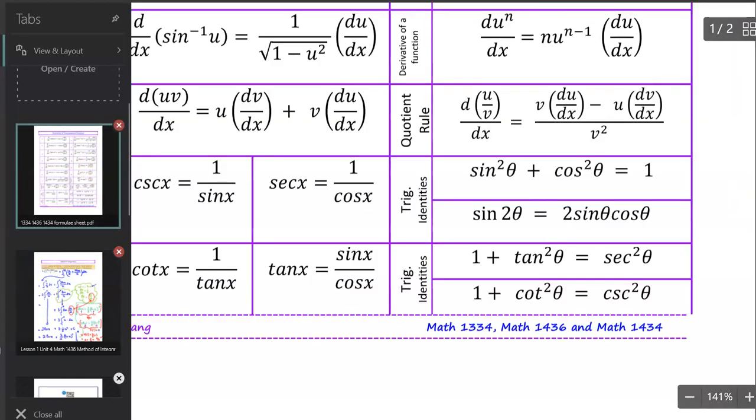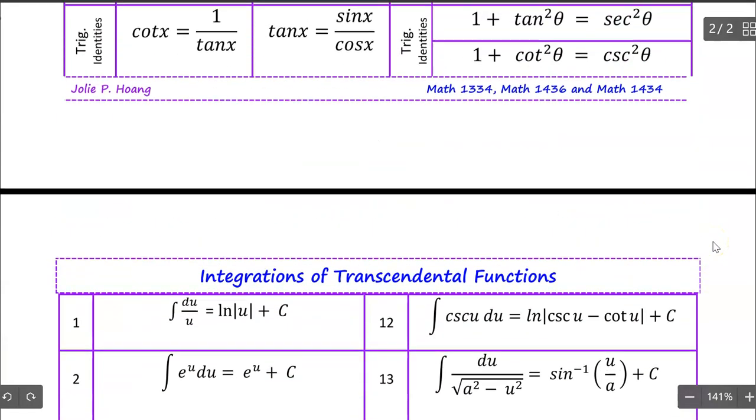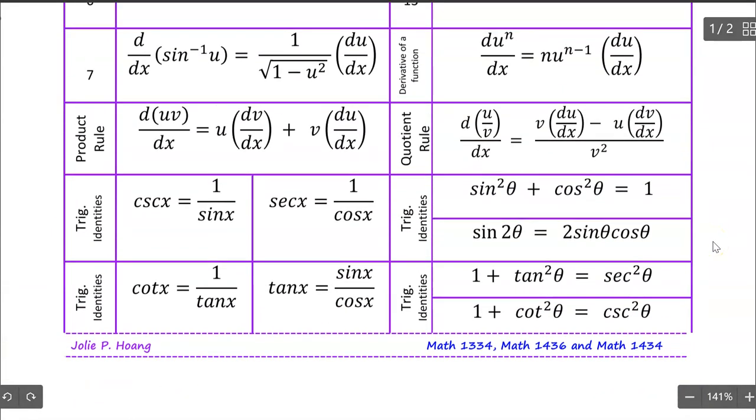I need everyone to review your trig identities, alright? 1 over sine is equal to cosecant. Sine over cos is equal to tangent, but because tangent is the inverse of cotangent, therefore cos over sine will be equal to cotangent.